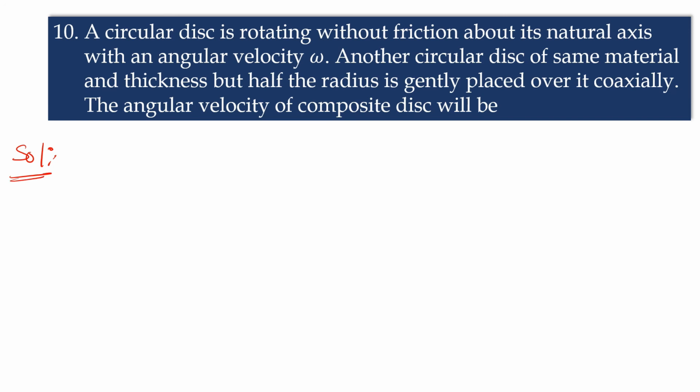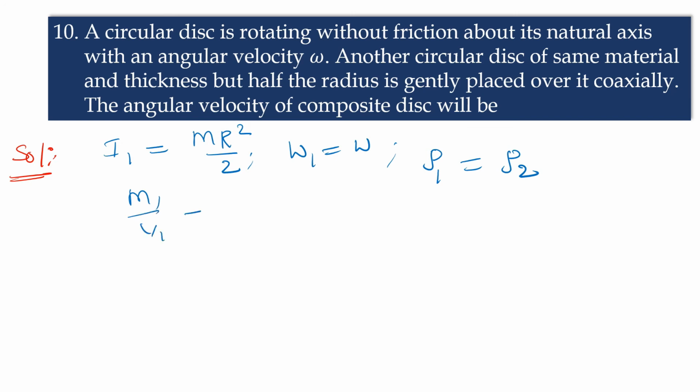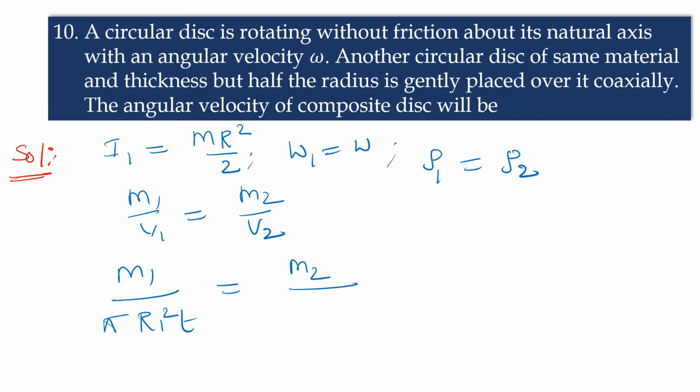Given here omega 1 is equal to omega and moment of inertia I1 is equal to m r square by 2. Here they have given the density, rho 1 is equal to rho 2. So m1 by v1 is equal to m2 by v2. m1 by pi r1 square into t is equal to m2 by pi r2 square into t.